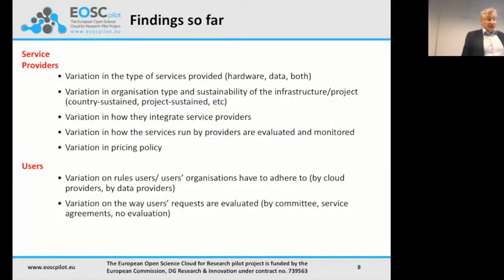Some of the findings, and of course one can conclude this in one way, that it's a very inhomogeneous landscape. There is a lot of variation. So we see a lot of variation in the type of service providers, of the services provided, and how they are provided.